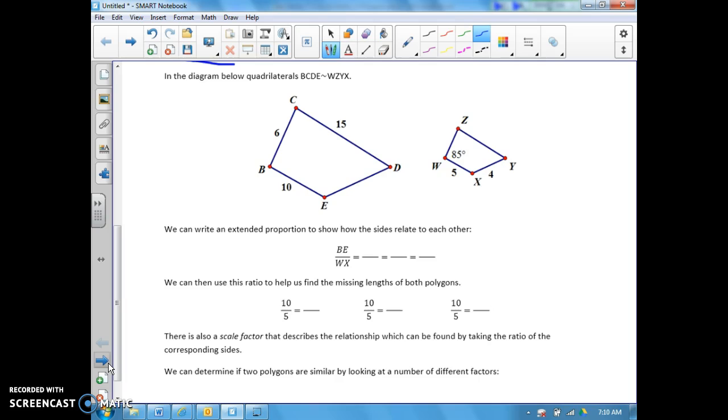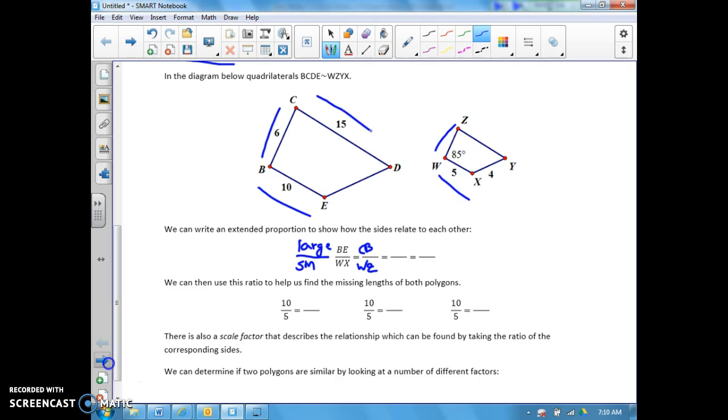Looking here, it looks like I'm establishing BE equal to WX from right here, or BE corresponding to WX. So that means I want to do larger over smaller. And now I'm just going to list out the corresponding parts. I've got CB corresponding to WZ.